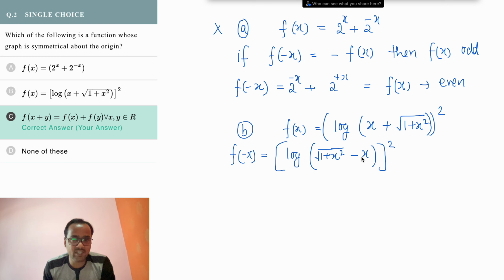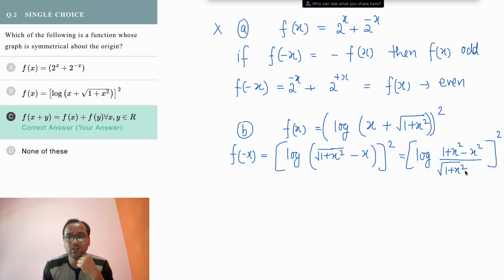Now if you rationalize this, what we'll be getting? The whole square term is as it is, and here if I multiply by the rationalization factor, that means root of 1 plus x square plus x, the numerator will become 1 plus x square minus x square, divided by root of 1 plus x square plus x.